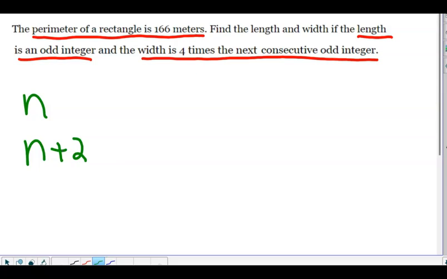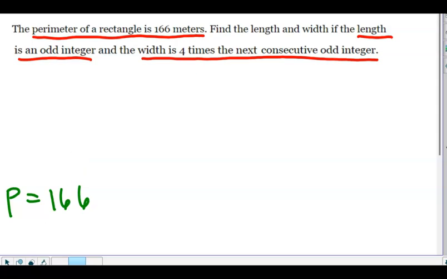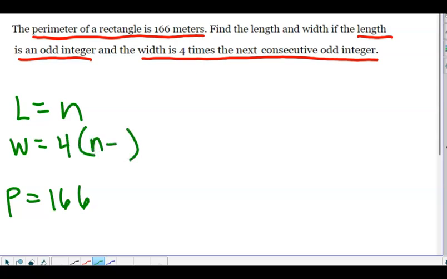Okay? So for this problem, the perimeter is 166, and it looks like the length is an unknown odd integer, so the length is some unknown n, and the width is 4 times the next one, which would be n plus 2. Just like the last problem, I'm going to use the perimeter formula with the parentheses as a shortcut.